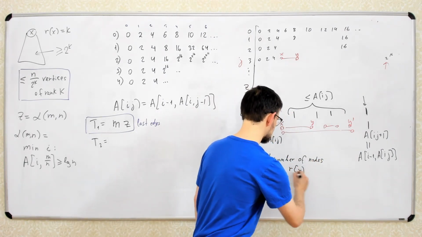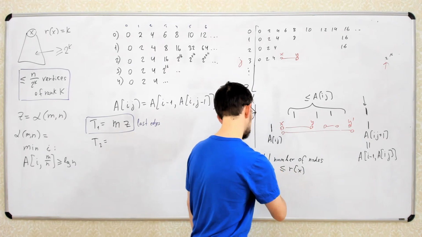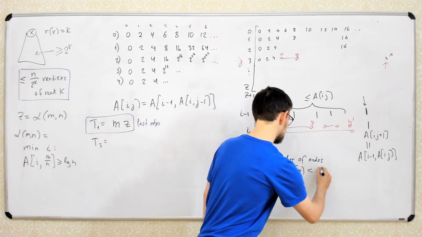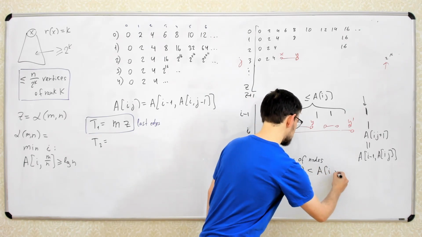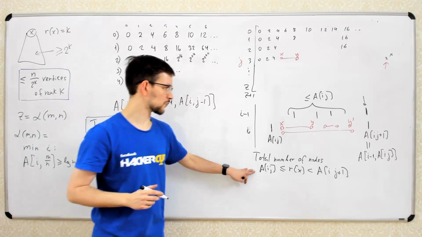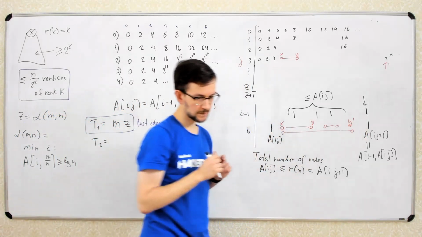We have rank x at least Aij and less than Aij plus 1. What will be the total number of nodes in this segment?